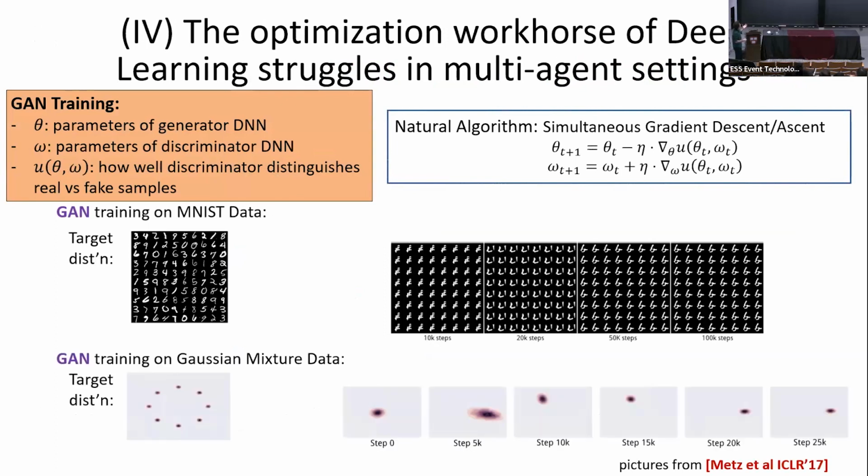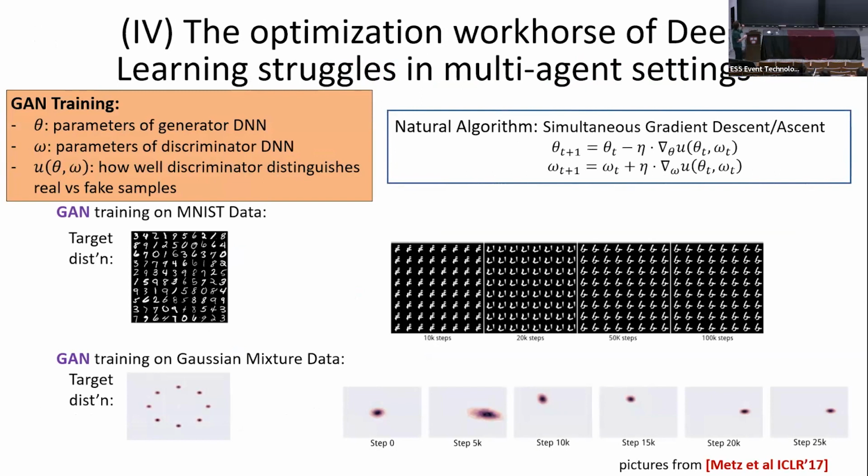Here are two standard, possible behaviors with gradient descent dynamics in GANs. You have the discriminator and the generator running gradient descent to optimize their utility functions. It's a zero-sum game, so one is trying to maximize the utility, the other is trying to simultaneously minimize the same utility. And these are two common experiences that you may see.